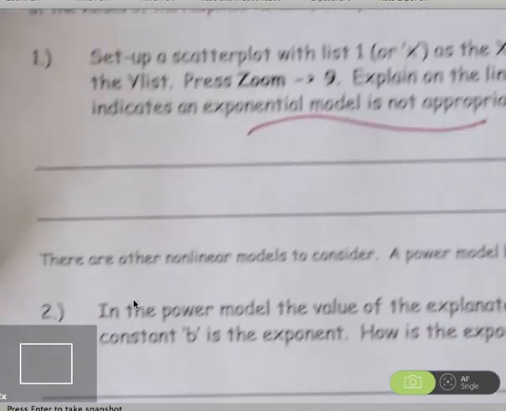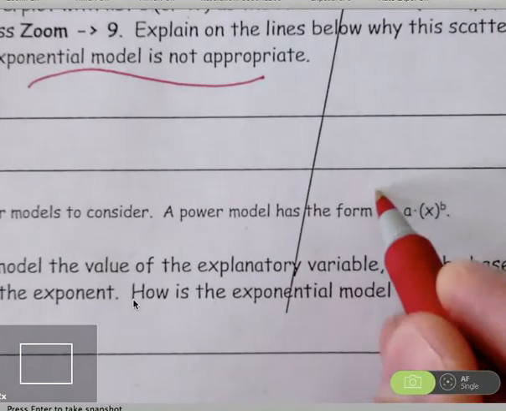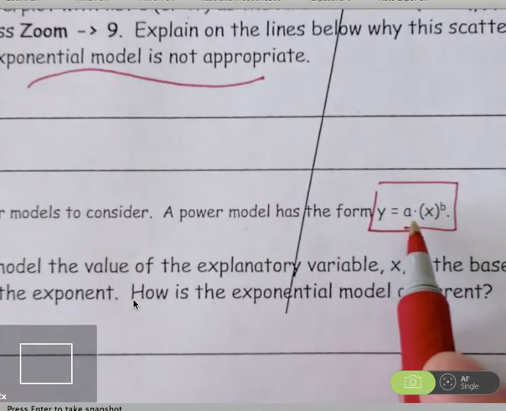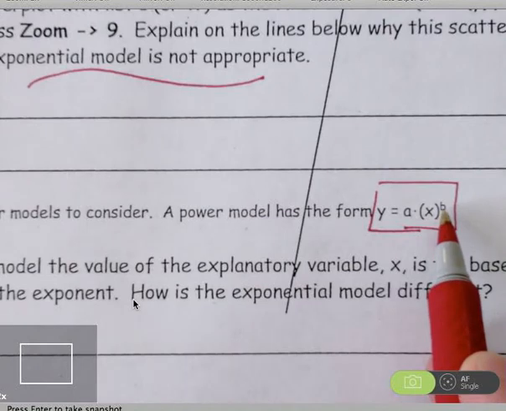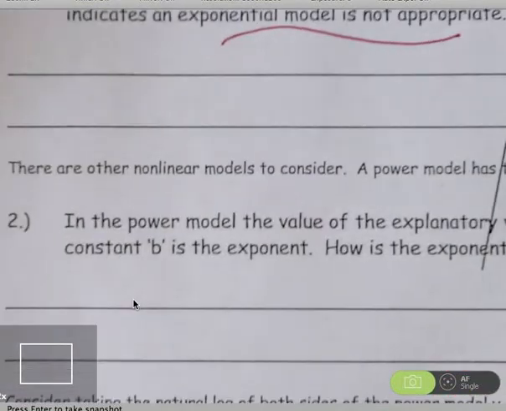So here's an example of what we mean by a power model. It has this form right here. We still have y equals a constant, but this time notice the explanatory variable is the base and the exponent is b. The exponent is the constant. This is what you're supposed to observe in question number 2.